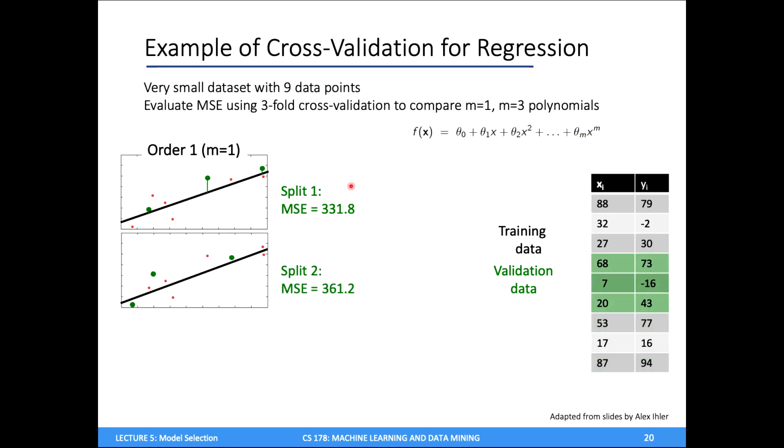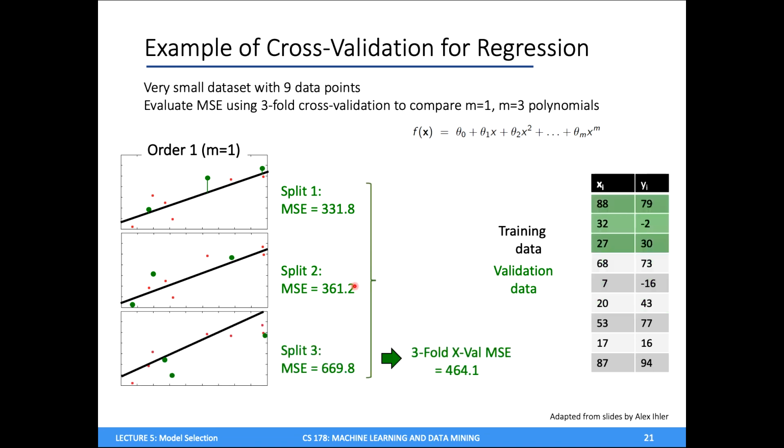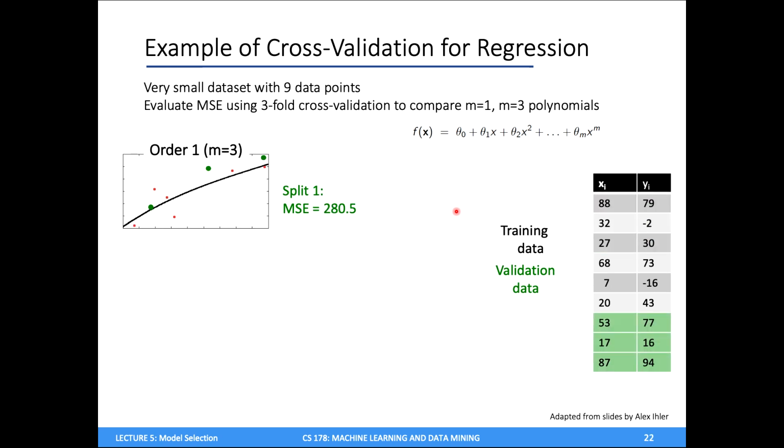Okay, we now move our split. We have a different validation set, get a different MSE. And then in our final split, we have again a different MSE. And then what we do is we average all of these different MSE values to get a final cross-validation MSE of 464 here. We do the same thing then with our third order polynomial, so our different model.